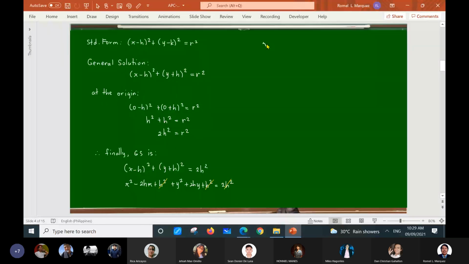Simply x squared minus 2hx plus 2hy. Okay? Plus y squared, right? Let me put the y squared beside the x, no? So plus y squared, that is equal to 0. Okay?